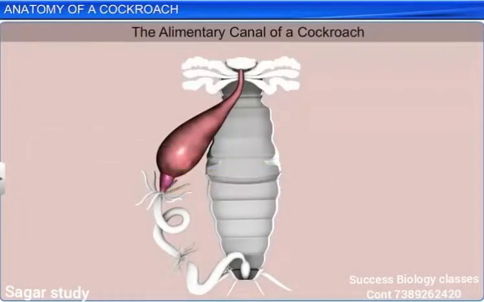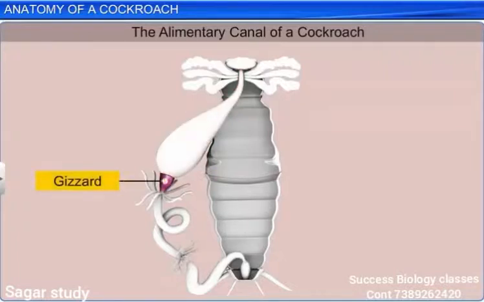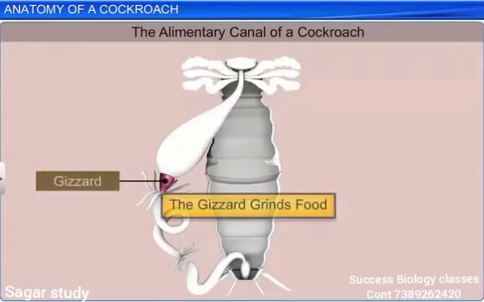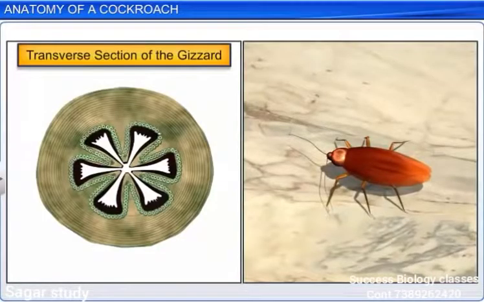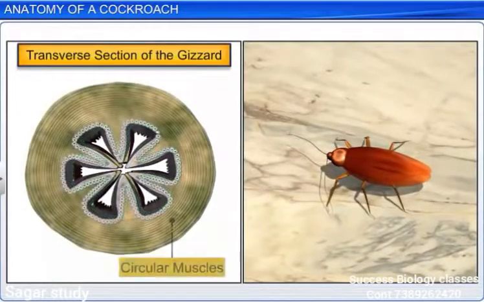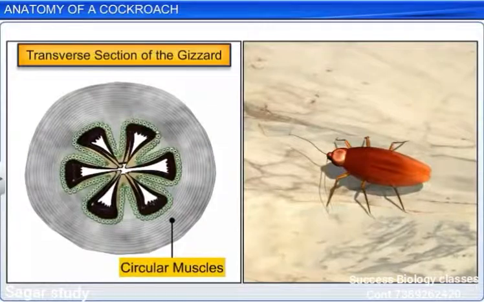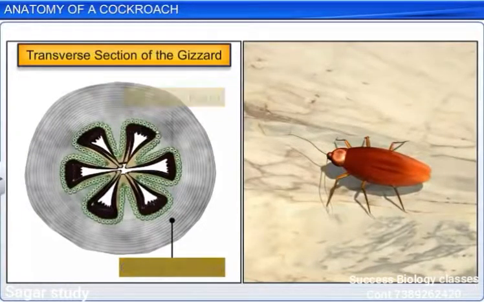The crop is followed by a small conical gizzard or proventriculus, which grinds the food particles. The transverse section of the gizzard shows an outer thick layer of circular muscles and an inner thick layer of cuticle, which forms 6 chitinous teeth.